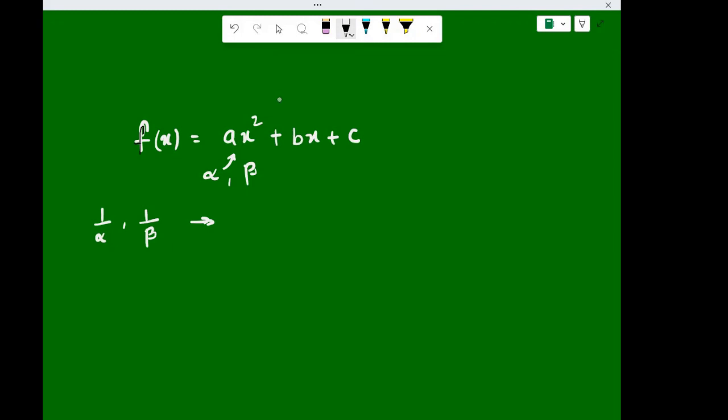Then the quadratic equation becomes a alpha square plus b alpha plus c. What we have done here is replace that variable x with alpha, because alpha is the root of this quadratic expression. The same thing we have to perform here also.